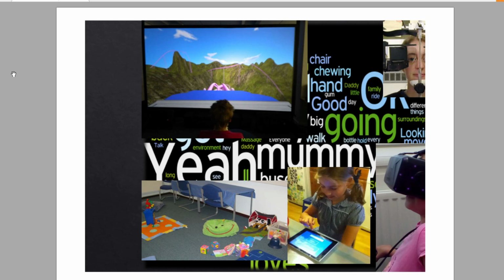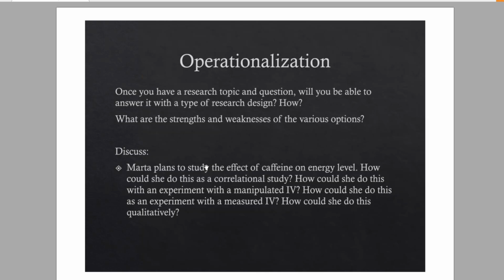Some observational studies where babies are playing with their mums, and we're looking at what kind of language the mums are using when they talk to their kids. And also looking at aggression with a computer task. So I call it aggression, but you're taking points away from your opponent in response to them taking points away from you. So we'll kind of talk about operationalization and how well that's done, but that just gives you some ideas.